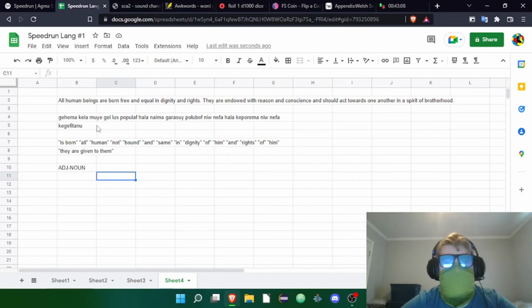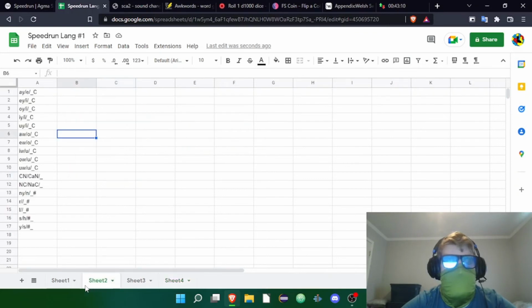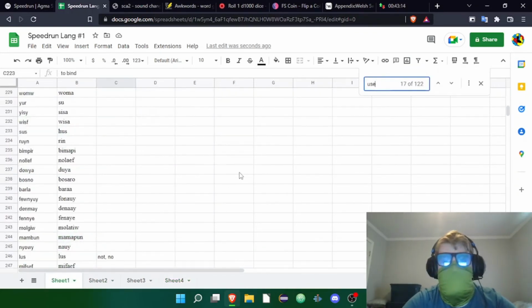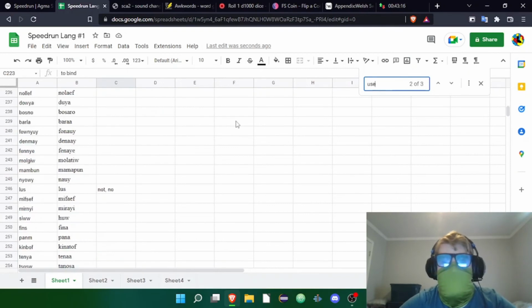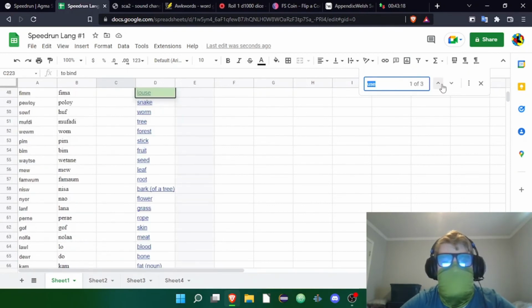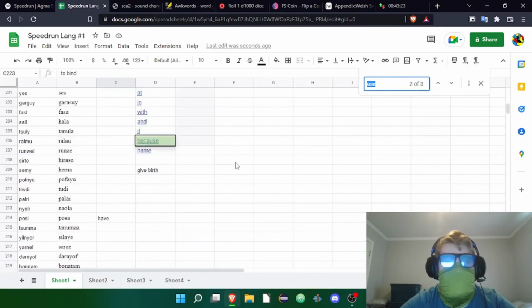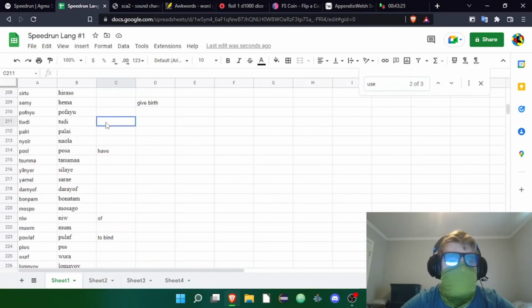So they are endowed with reason. So we need something to chain that. We don't have a verb that means to use. Let's make one. We'll say tudi means to use.